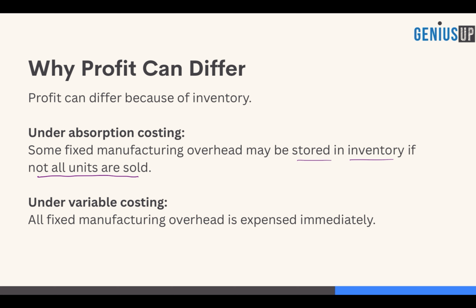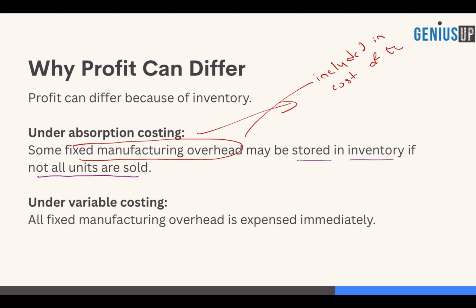Remember, under absorption costing, the fixed manufacturing overhead cost is included in the cost of the product, in the value of inventory, and they are only expensed when inventory is sold.